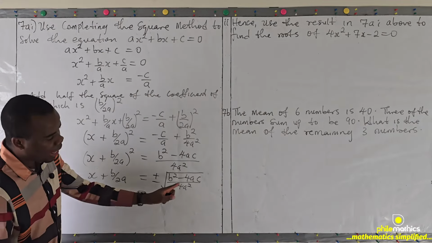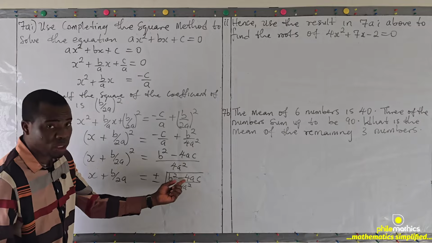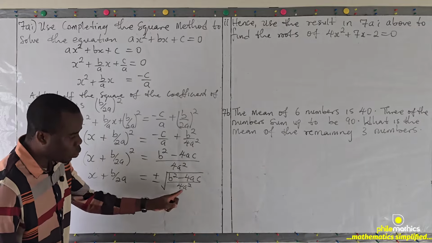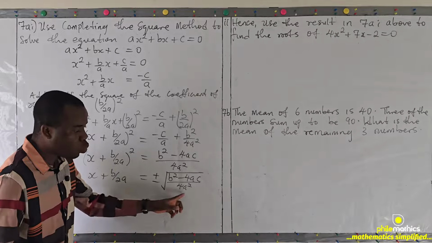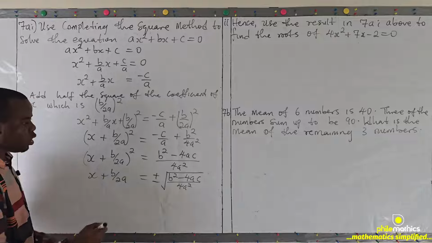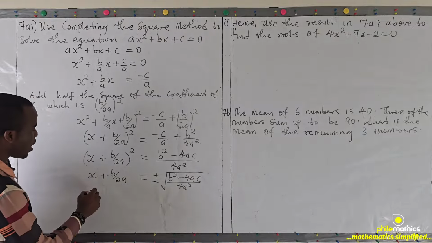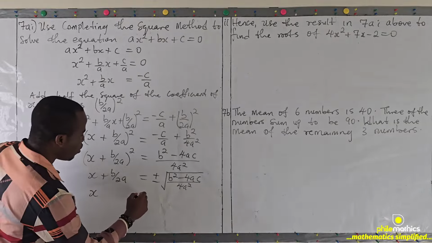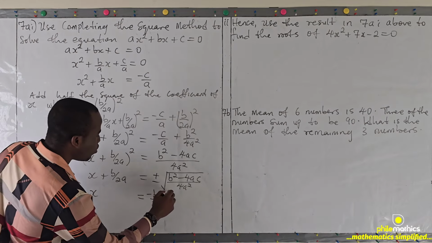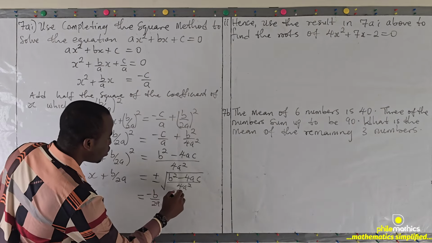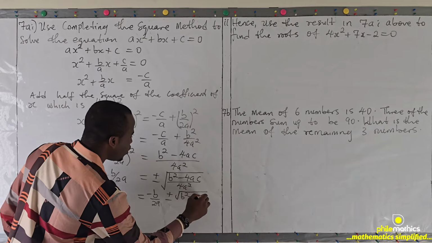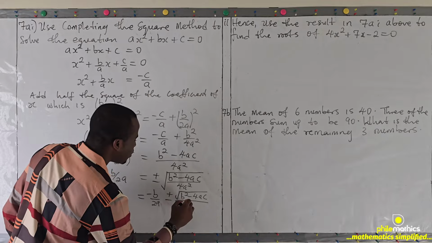Now, I cannot take the square root of the numerator easily, but I can take the square root of the denominator, which is 2a. And so I can subtract b over 2a from both sides. I will get x equals minus b over 2a plus or minus square root of b square minus 4ac over 2a.